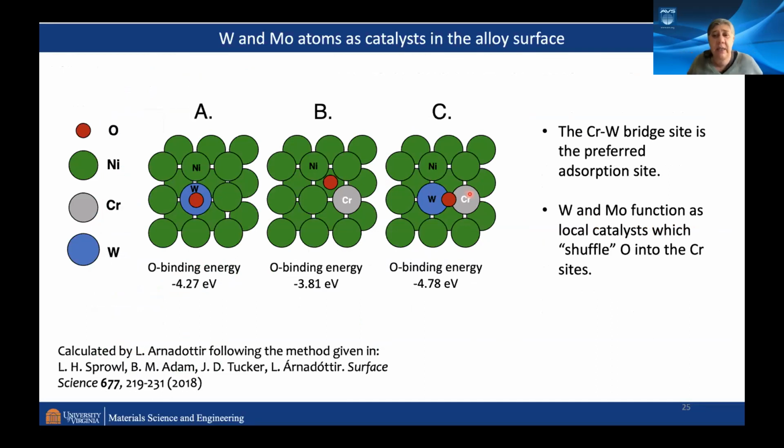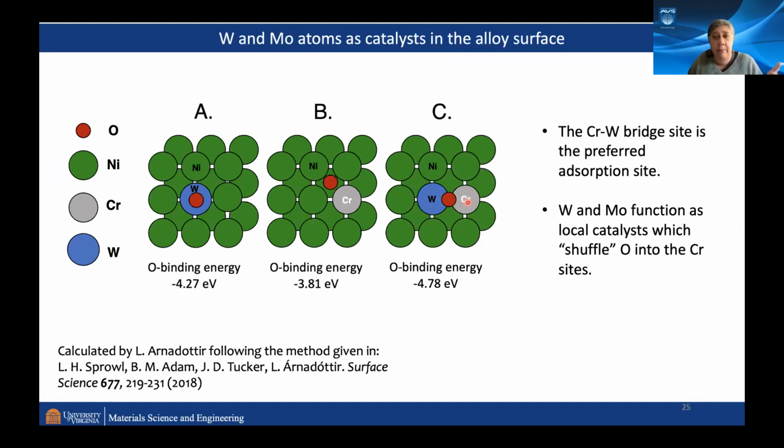And now if we add tungsten, we do think that the addition of that one moves the system into the preferred adsorption site. So the binding energy of oxygen between tungsten and chromium is much higher, much more favorable compared to all other positions on these surfaces. And this was a calculation done by my colleague Leni Arnedotter here.